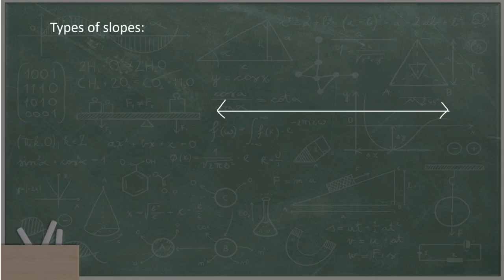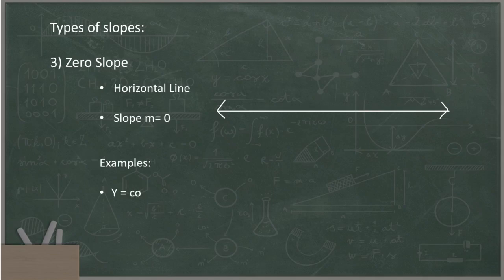Next, third type, zero slope. Horizontal line has zero slope. Slope of horizontal line is 0. The form of the line is y is equal to constant. The line is parallel to x-axis.